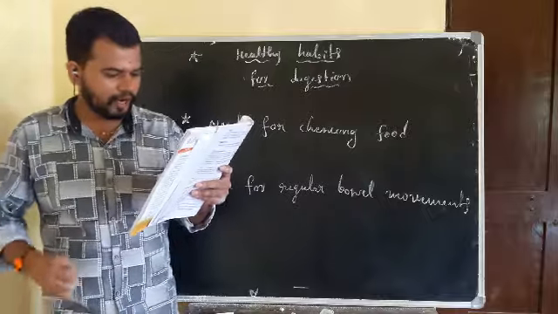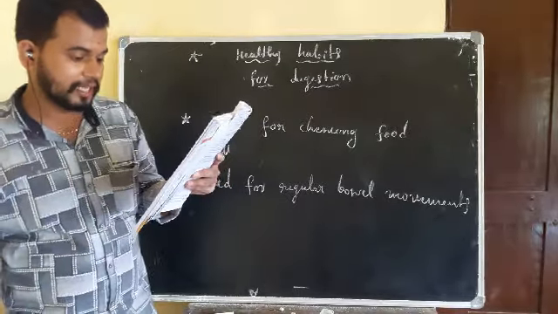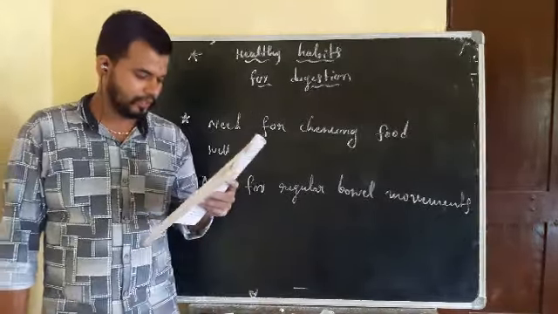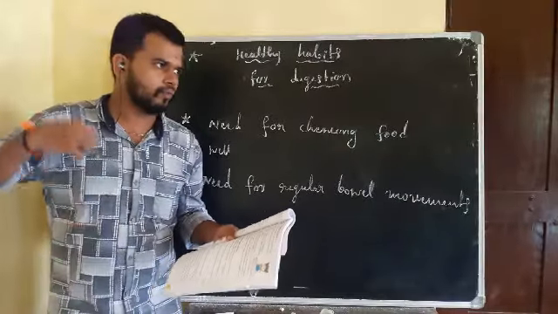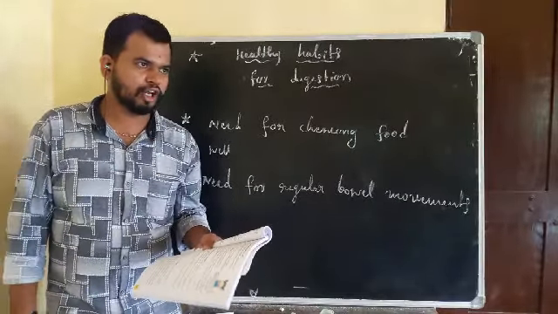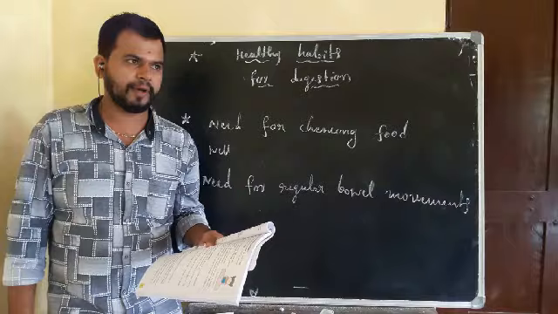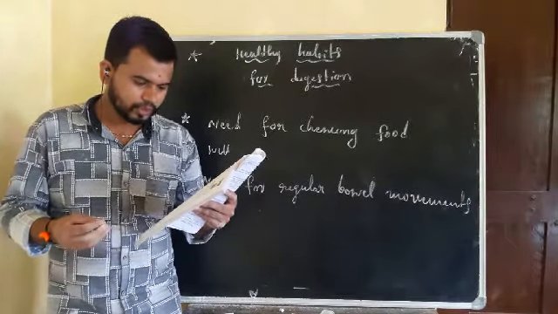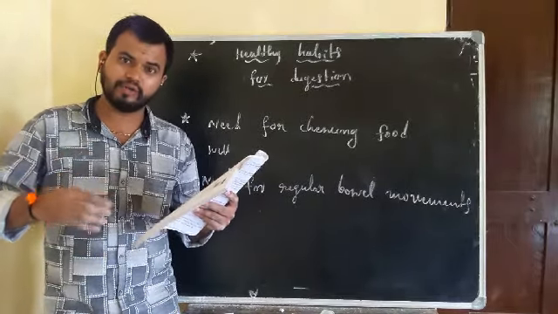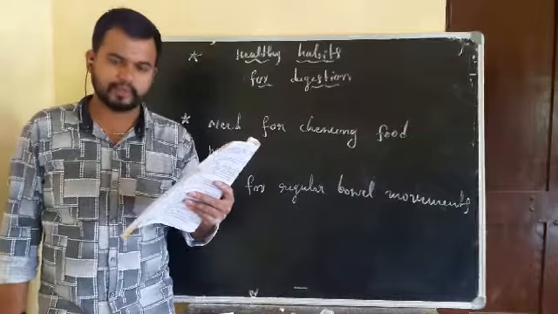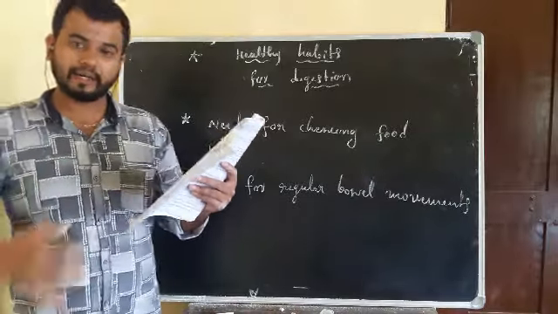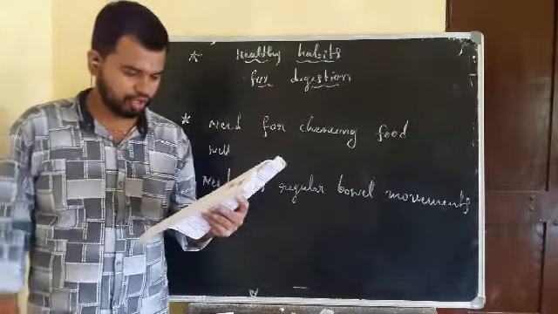Regular removal of body waste prevents digestive disorders and keeps our body healthy. If regularly we go to the toilet, it helps us protect our digestive system from any disorders.